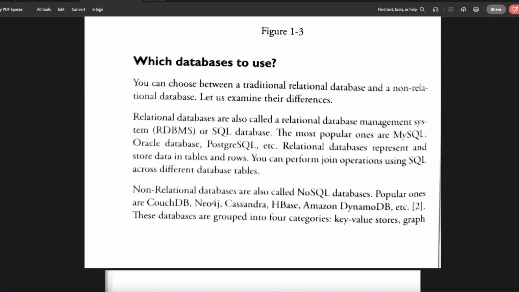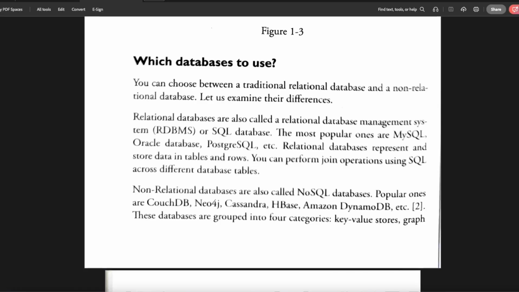So the key characteristics of relational databases are the data is stored in tables and rows. You can use SQL queries and it supports joins across multiple tables. And also they have strong consistency and a structured schema. So they are usually the default choice for most of the applications nowadays.